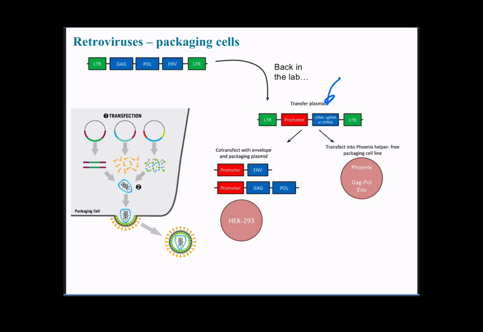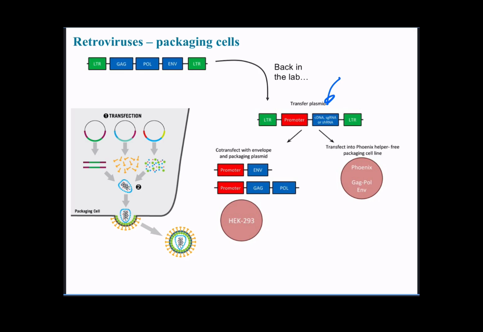Then you provide all the other functions that these retroviruses need separately, and in a way that those things don't make it into the target cell. So it's almost like you let the cells prepare these viral particles with everything they need, but then the only thing that they inject is the sequences that can integrate themselves into the genome without letting them replicate again themselves.